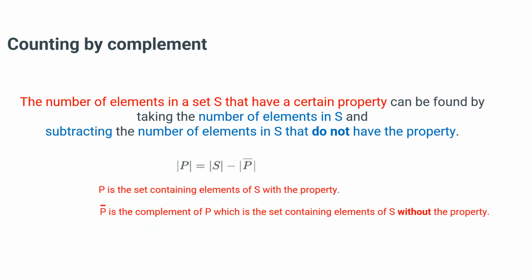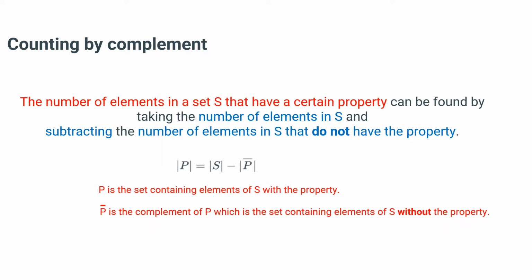So here is the notation if we want to put it down in writing. Let's say that we're going to call P the set containing the elements of our original set that have a certain property. Then P with a line above it would be considered the complement of P, and that would represent the elements in that original set that do not have that property.